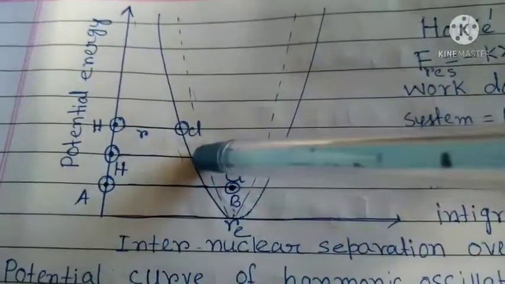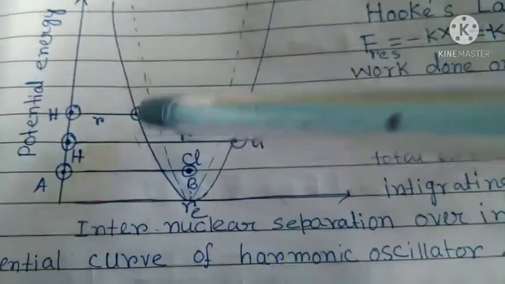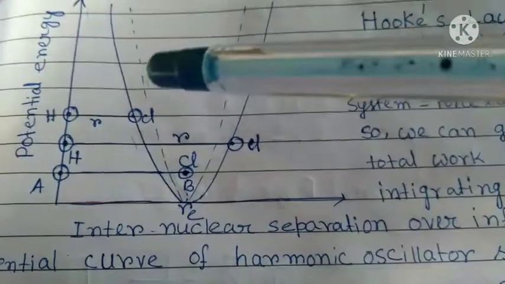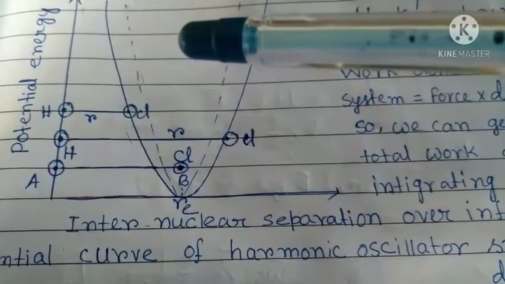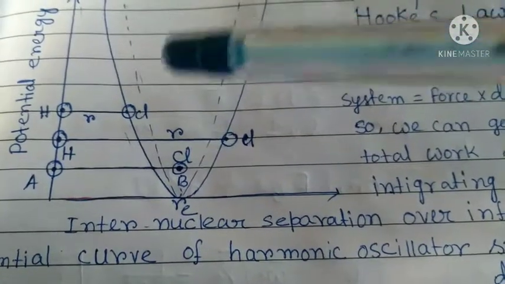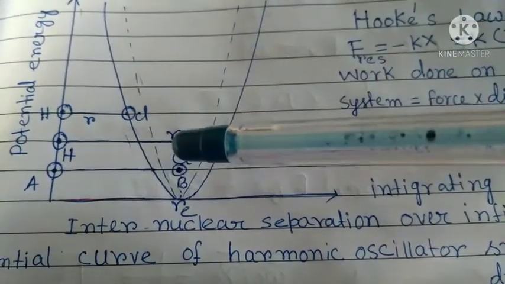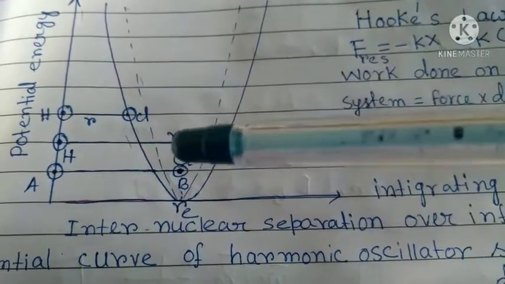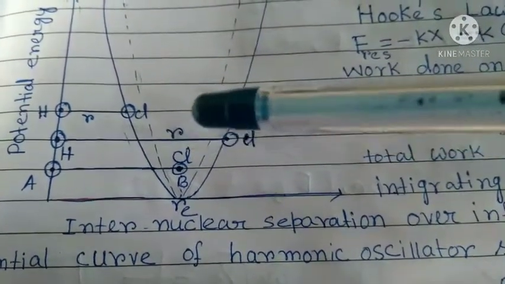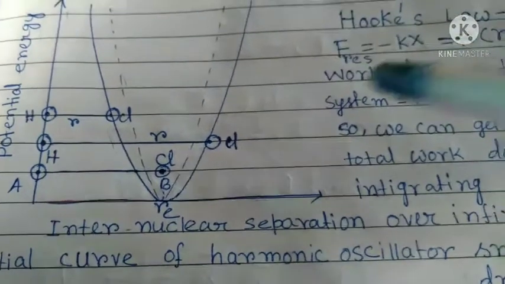So this system should follow Hooke's law. During vibrational transition, it is assumed that the system behaves like a simple harmonic oscillator and follows Hooke's law.